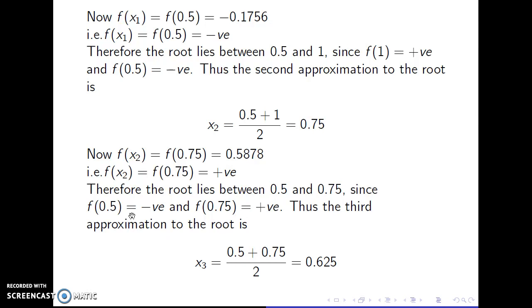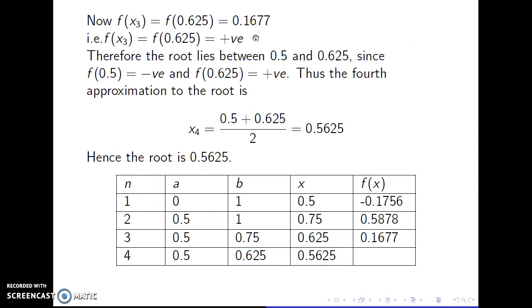Since f of 0.5 is negative and f of 0.75 is positive, the next approximation is x3 equal to this. Now f of x3 we got a positive symbol, so the next interval is: f of 0.5 is negative and f of 0.625 is positive.